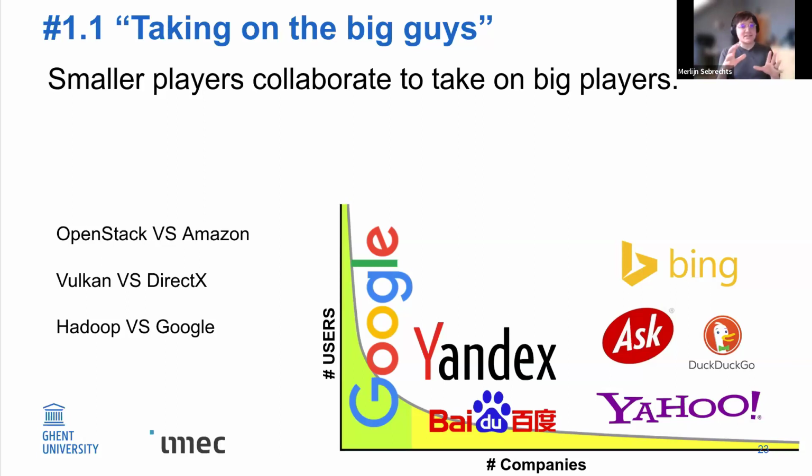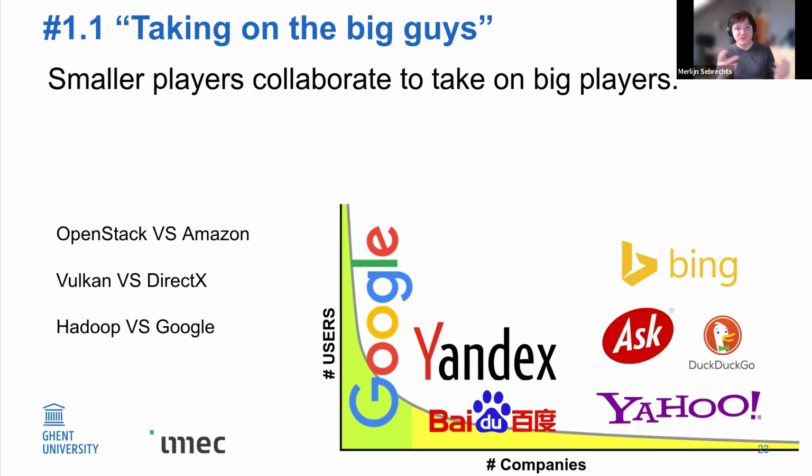Vulkan is exactly the same thing. Vulkan is a graphics API in order to have a game talk to the GPU. DirectX is Microsoft's solution for that. However, you have a lot of other companies that all create devices that they also want to run games on. For example, Nintendo and Sony, Android.